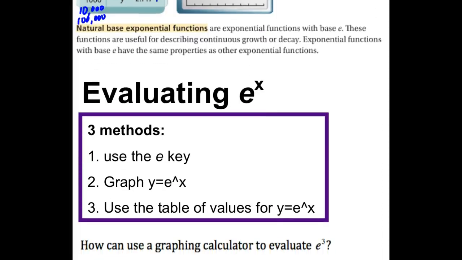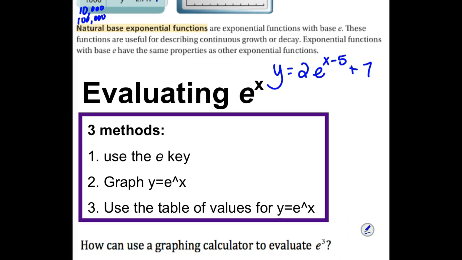We call that the natural base, so we refer to these as natural base exponential functions. But all of the properties that we've been using still apply. So if I gave you this, 2e to the x minus 5 plus 7. Describe the transformations.